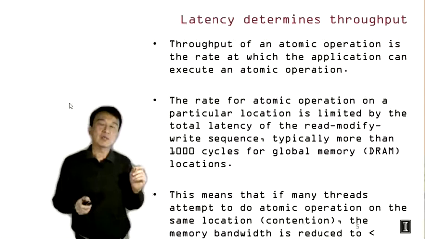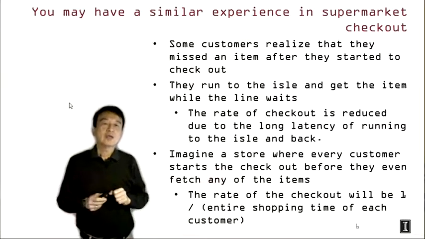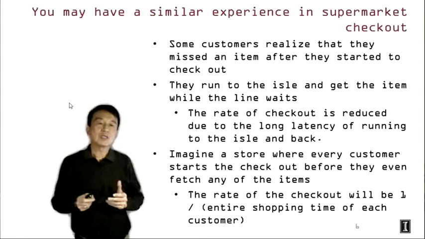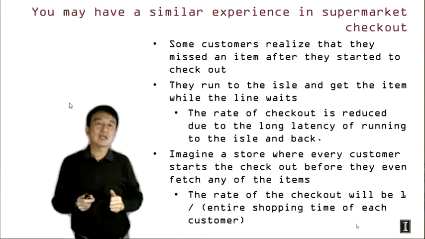And so we need to be very careful about any potential accesses by a large number of threads to the same memory location with atomic operations. You may have a very similar experience in a supermarket. Some customers realize that they missed an item after they started to check out.